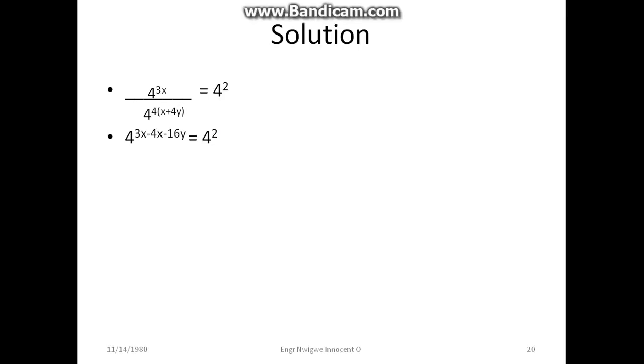The 4 on the numerator will now be all negative. It will be multiplied by a negative sign to give us minus 4x minus 16y. Since 4 is multiplied, if we open the bracket, 4 will now times x to give us minus 4x, and 4 will now times 4y to give us 16y, which is equal to 4 raised to power 2.